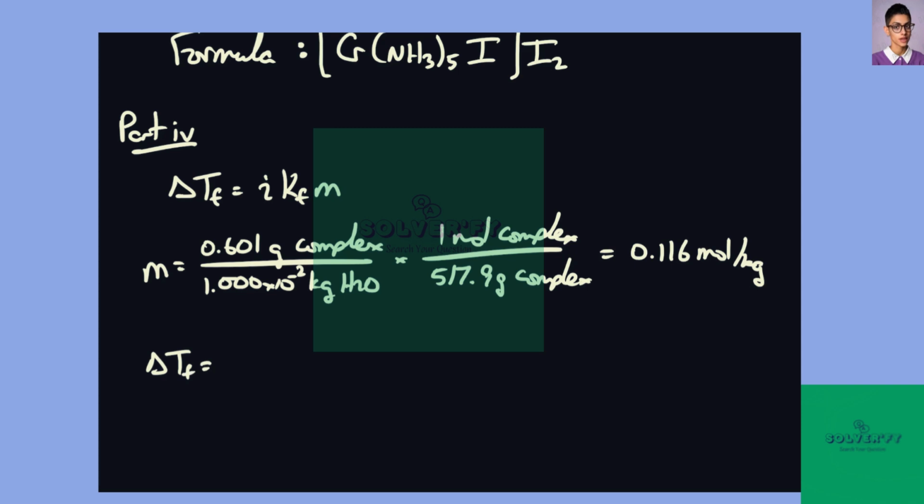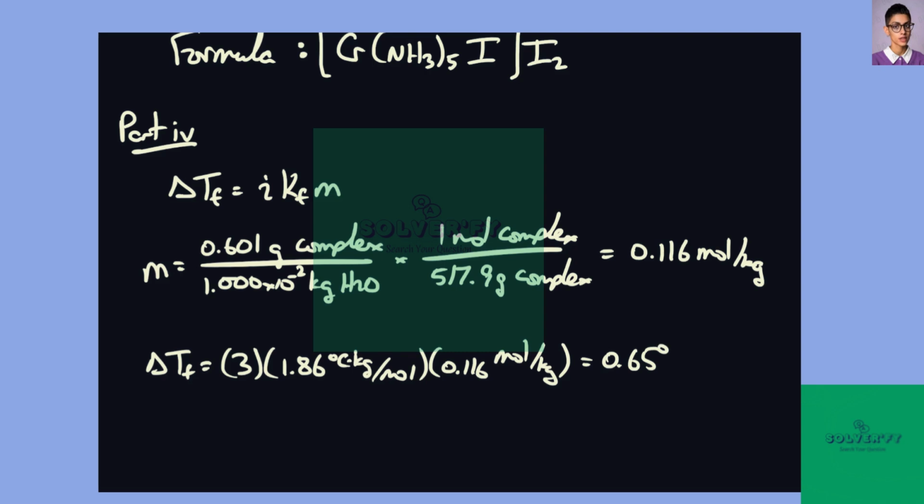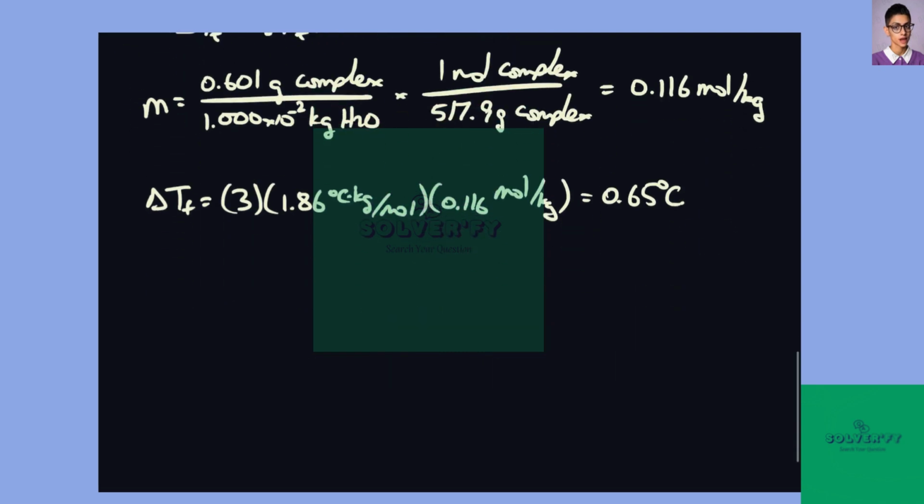So let's calculate our delta TF here. The i constant here, assuming complete dissociation, would be 3. Kf here is 1.86 degrees Celsius kilogram per mole times a molality of 0.116 moles per kilogram. And delta TF here works out to 0.65 degrees Celsius.